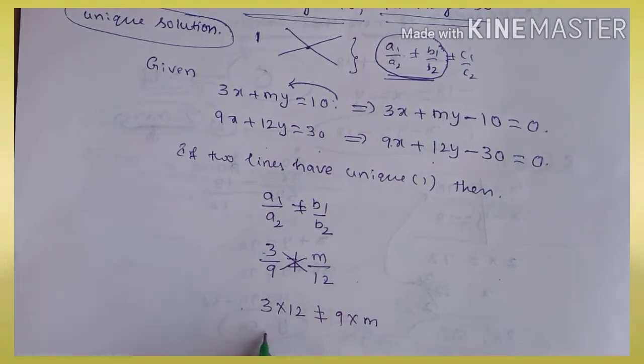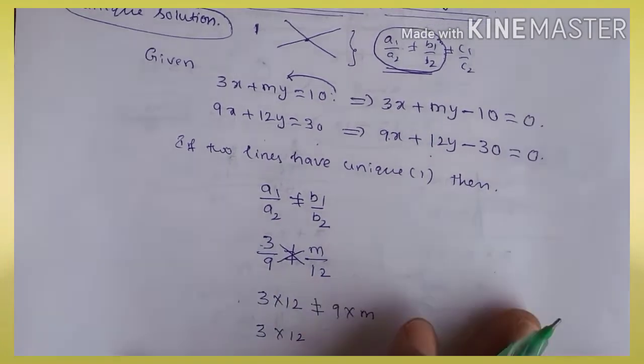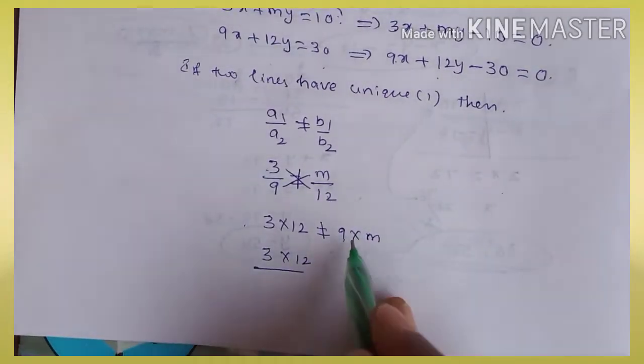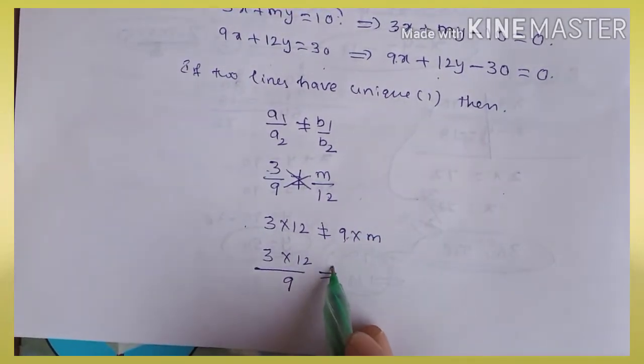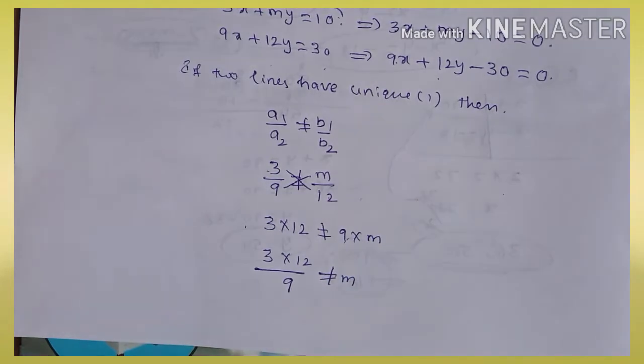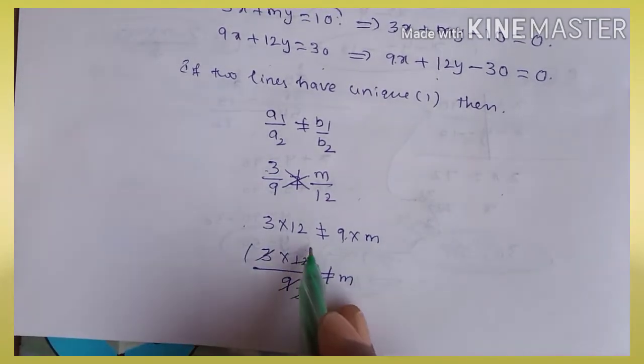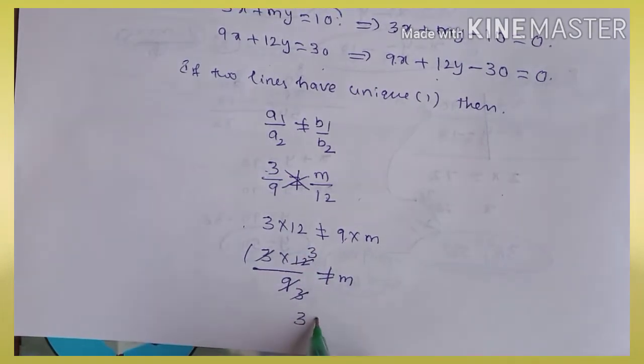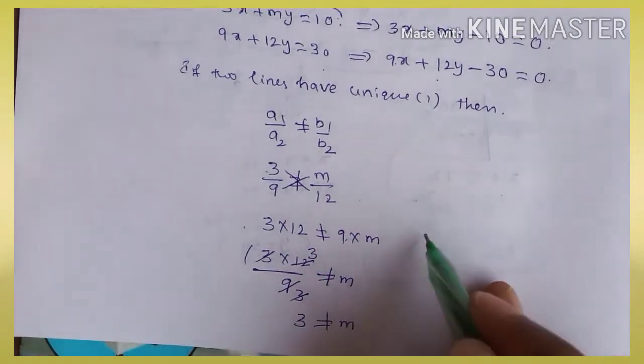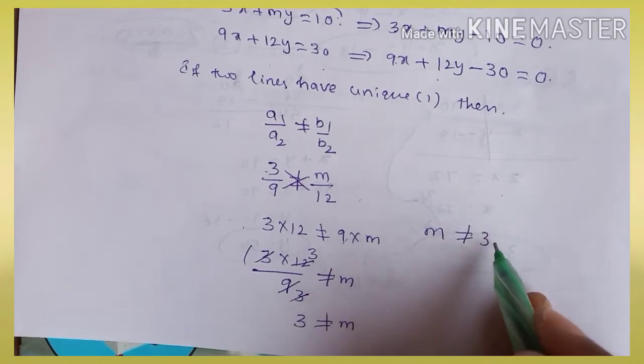Transposing the 9, 3 into 12 by 9 is not equal to m. 3 ones are 3, 3 threes are 9, so 3 is not equal to m, or the m value is not equal to 3.